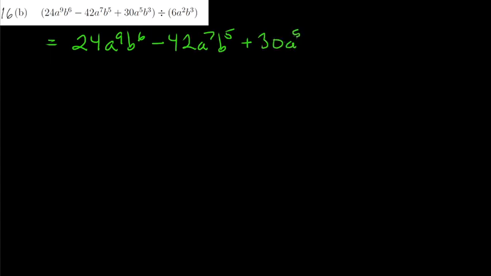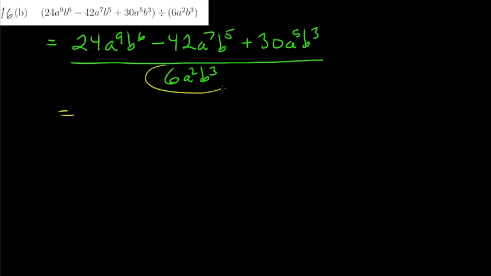I'm gonna write this as a fraction, right? So 24a to the 9 b to the 6 minus 42a to the 7 b to the 5 plus 30a to the 5 b to the 3 all over 6a squared b cubed. You don't have to, but I think that helps writing it that way.